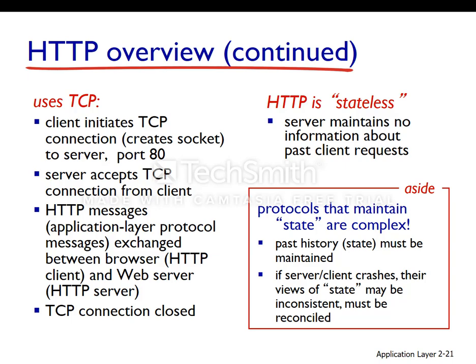The server will sit around and accept a TCP connection from the client. The HTTP messages are exchanged between the browser and the web server. And once the object has been transferred, then the TCP connection is closed. By the way, this is for the very first version of HTTP, HTTP 1.0.